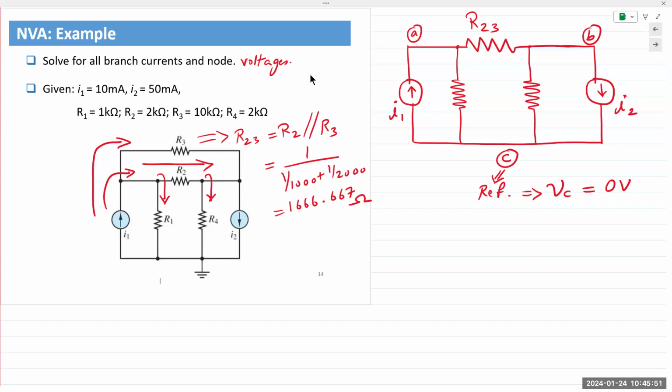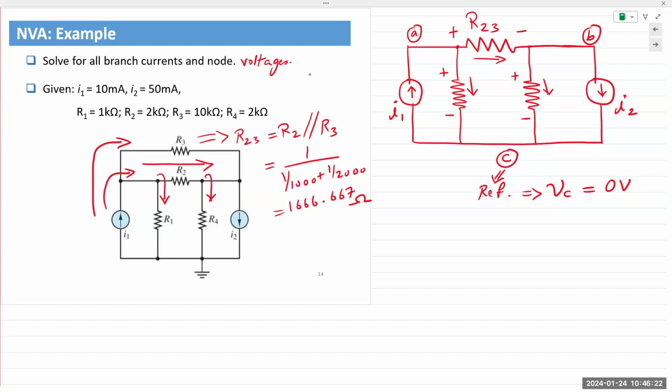Just to make an example, at the end you will realize that the assumptions don't make a difference. So let's choose this going down and going towards the right. If my currents are going in this direction, the point of entry is always positive. So the voltage drop across each of these resistors will be in this direction. Again, remember, these are assumptions.